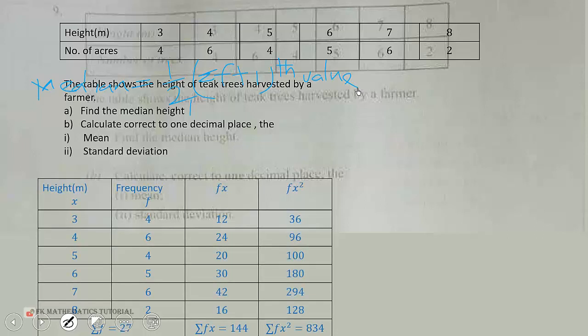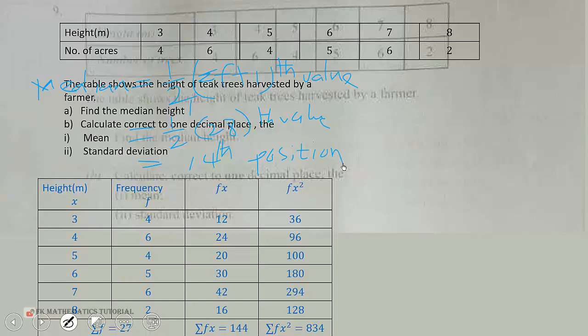That is 27. So the total frequency 27 plus 1 will be 28. So half of 28 value will be the 14th value, the height in the 14th position.